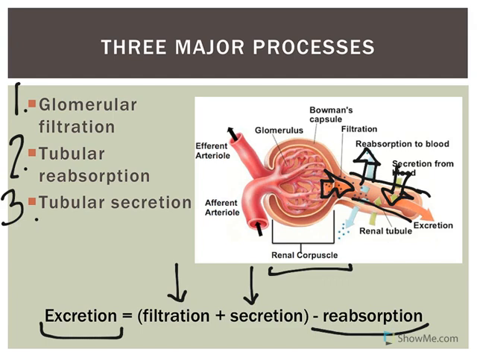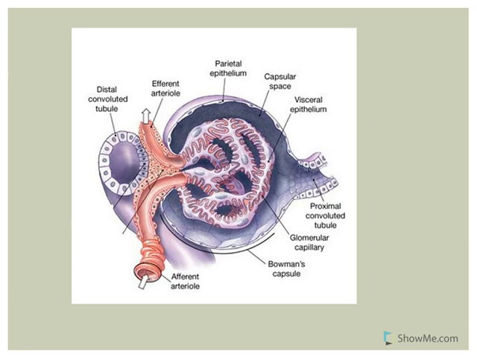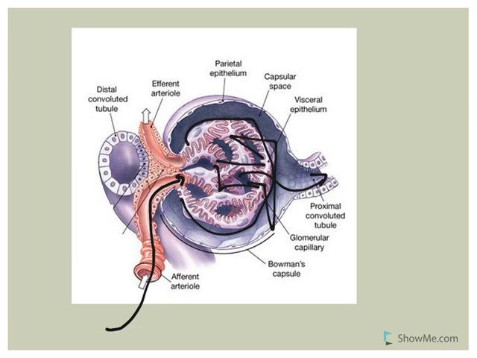Now, here's an overview. Here's again the glomerulus, and you have blood coming in through what we call the afferent arteriole, and the high pressures that we have are going to allow a pretty high filtration rate that's going to enter that Bowman's capsule and eventually into that renal tubule.